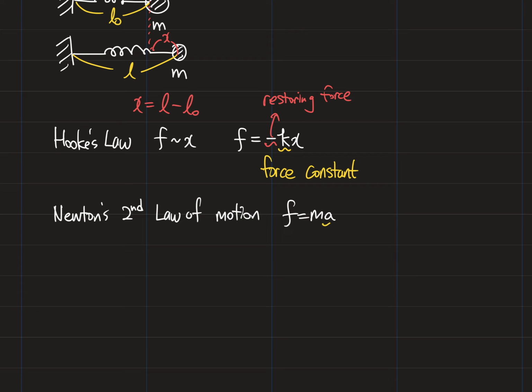Here the acceleration a is the second derivative of the position with respect to time, right? A is simply the second derivative with respect to time of the position function. So combining Newton's second law of motion and Hooke's law, we can set up the equation for the position x.